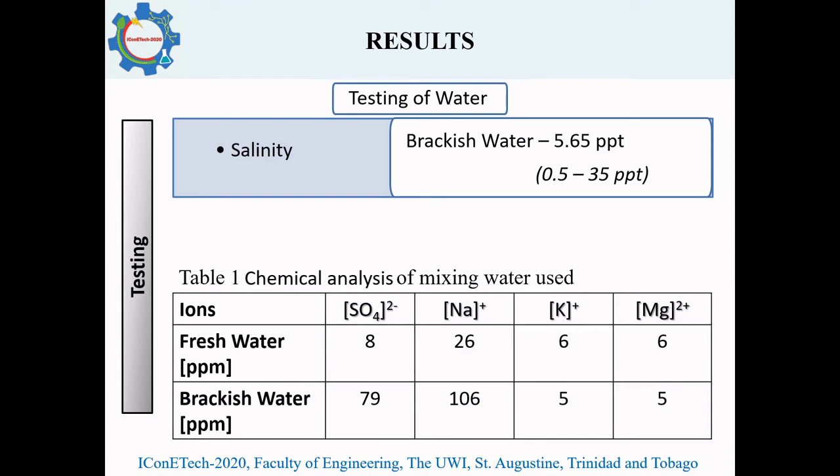Note that the brackish water contained approximately 10 times more sulfate ions and 4 times more sodium ions than the freshwater, while the potassium and magnesium ion content were comparable for both. These low concentrations of potassium and magnesium ions suggest that the majority of sulfates were associated with sodium ions.